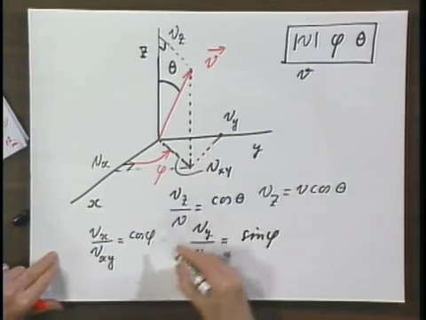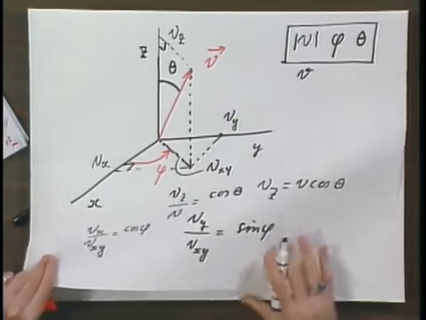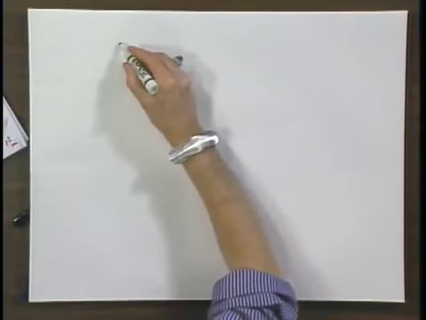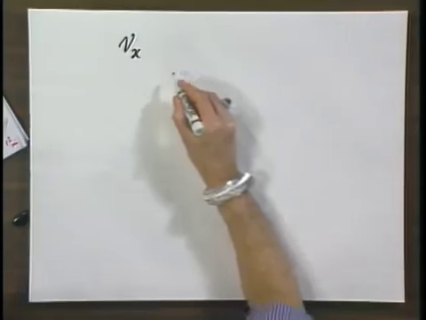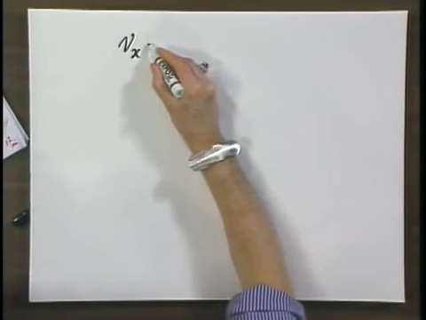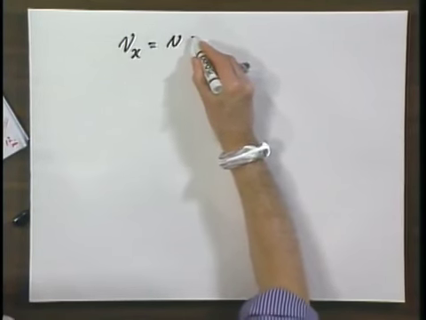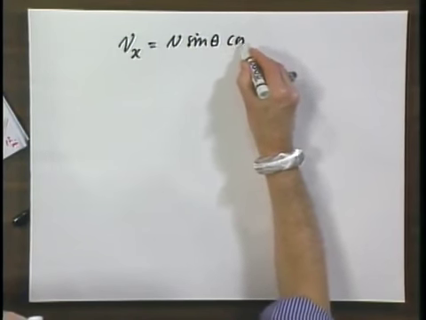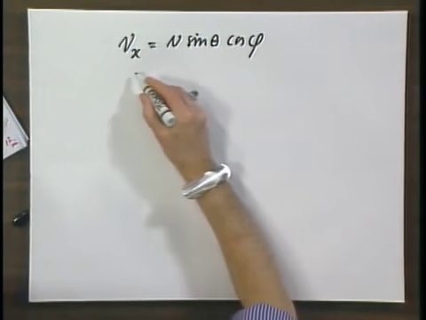And if we combine this, you should not have any difficulties to show that the x component of the velocity equals v times the sine of theta times the cosine of phi.